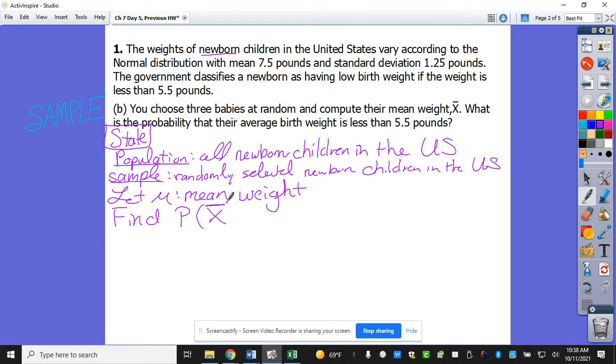So this being X bar as opposed to X is the same thing as saying, hey, we're doing a sample, which is again justifying the fact that we needed to do 4 steps.